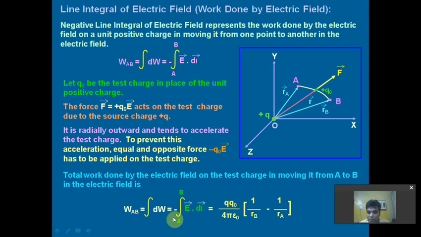When we put the limits from ra to rb, it will give 1 by rb minus 1 by ra.